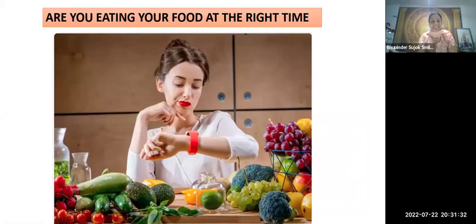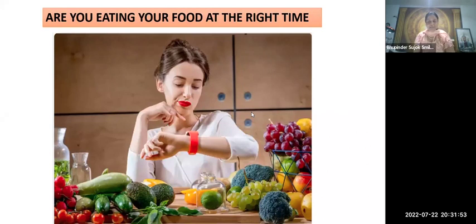Then, are you eating your food at the right time? Yes, or in the correct quantity also? Generally, we say that 7 to 9 in the morning is a very good time for the stomach. In this time, the bioenergy of the stomach is very good.